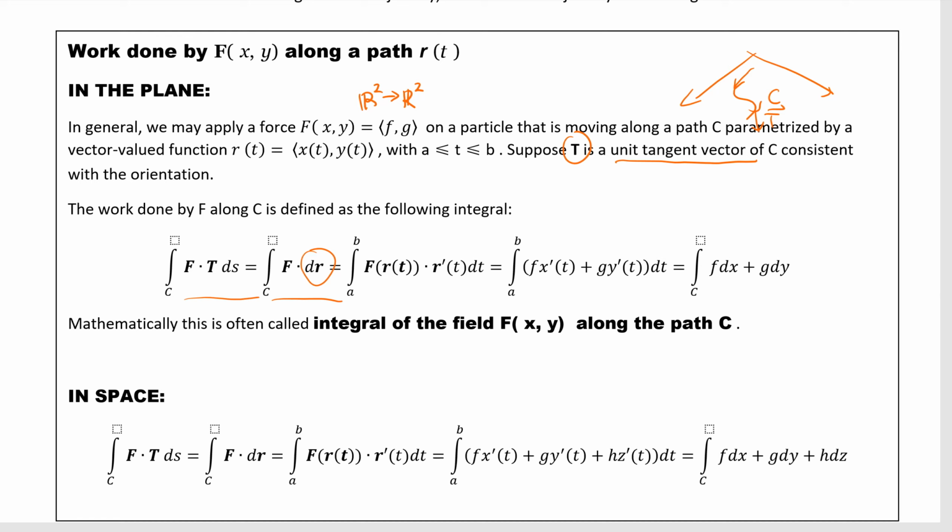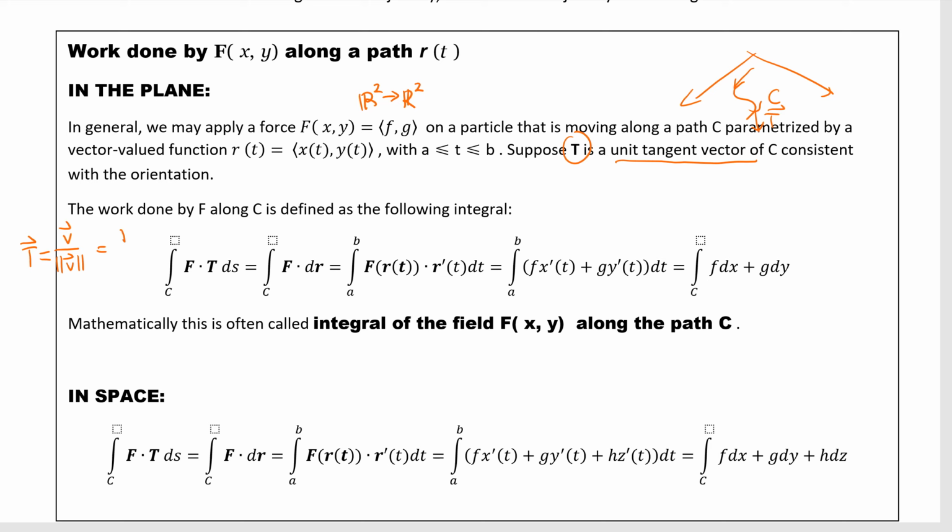Why are they the same? Let me recall what the unit tangent vector is. The unit tangent vector is the tangent vector over its speed, the magnitude of it.